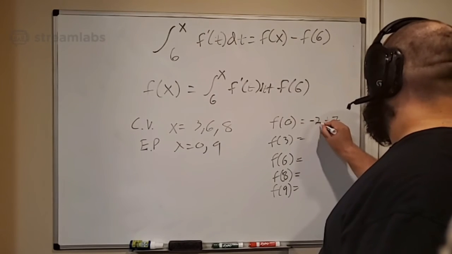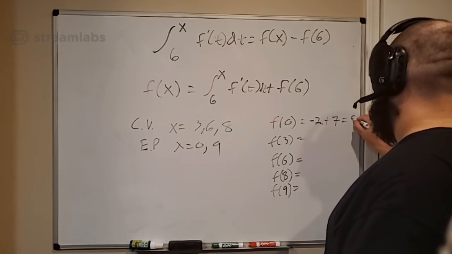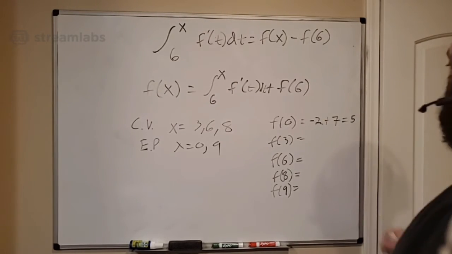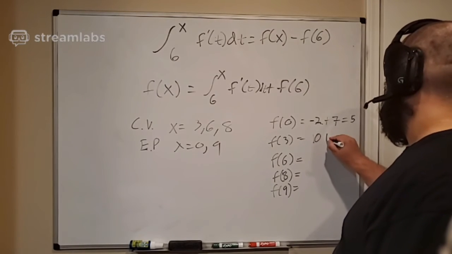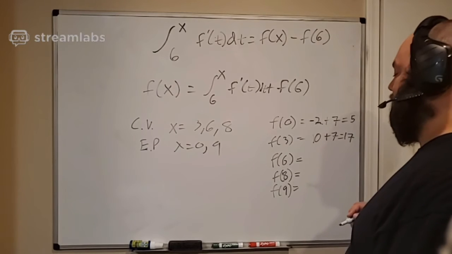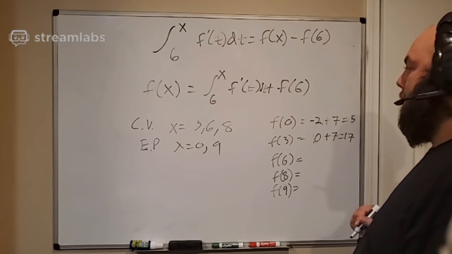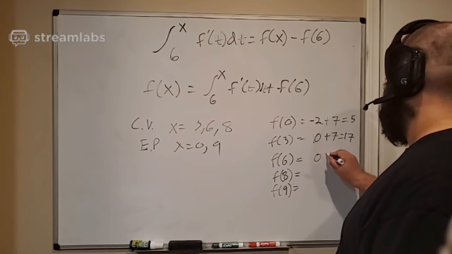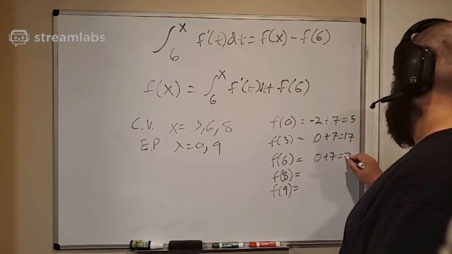And then what is the integral from 6 to 3? Positive 10? Yes. So you get 10 plus 7, 17. What's the integral from 6 to 6? 0? 6 to 8. 5?